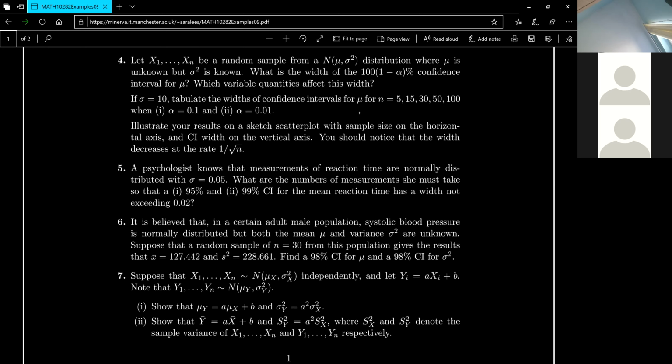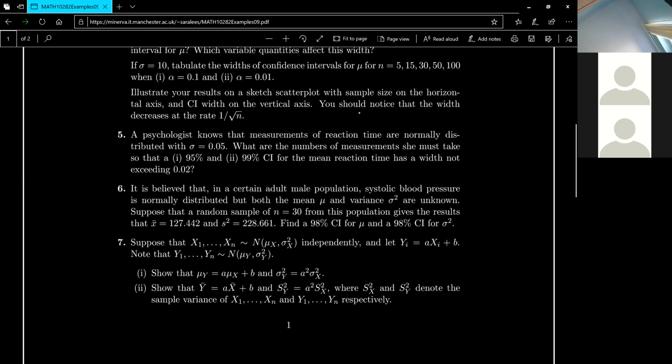And the question is to find a 98% confidence interval for mu and for sigma squared. All right, guys, so can you go at this, please? Question 6 on sheet 9.